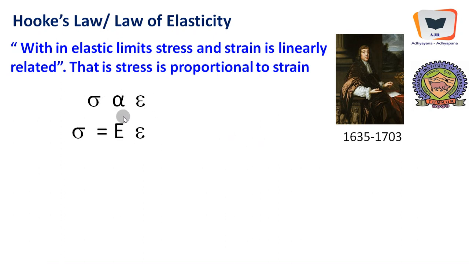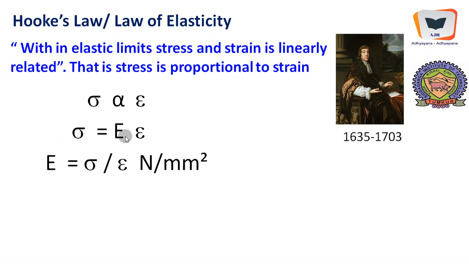So if you remove this proportionality sign, we are going to induct E: sigma equal to E into epsilon. Therefore, E equal to sigma by epsilon. Sigma is known to us, strain is known to us, and this comes to be elastic modulus. Modulus means measure. Therefore, elastic modulus is a measure of elasticity.